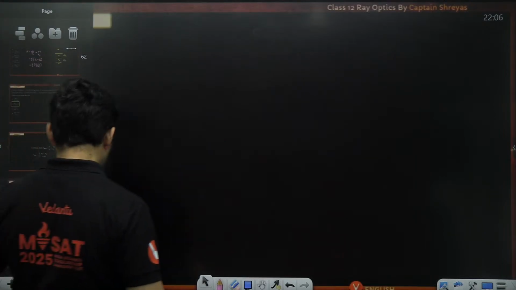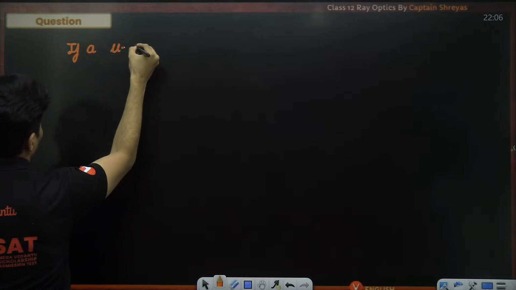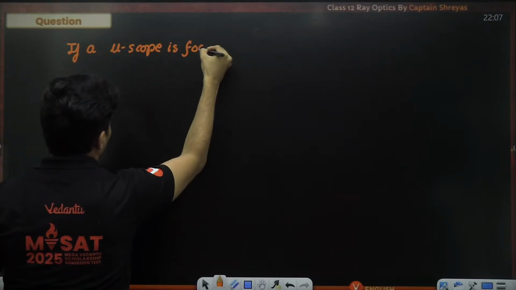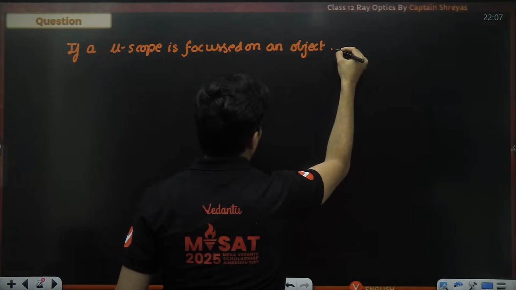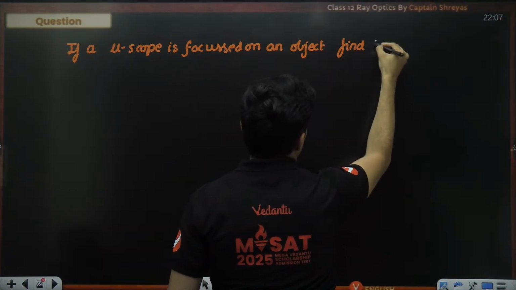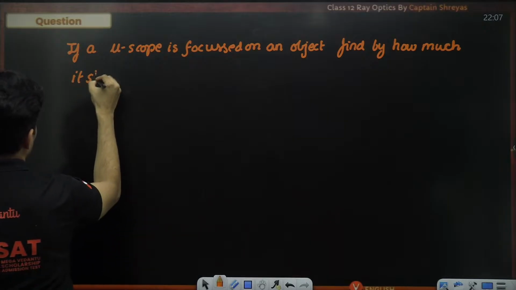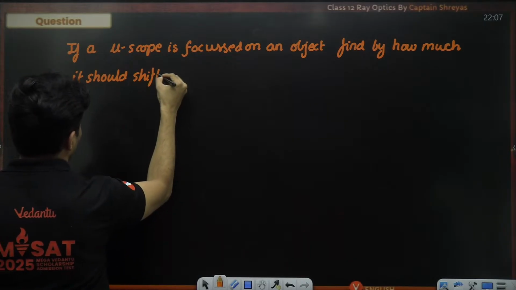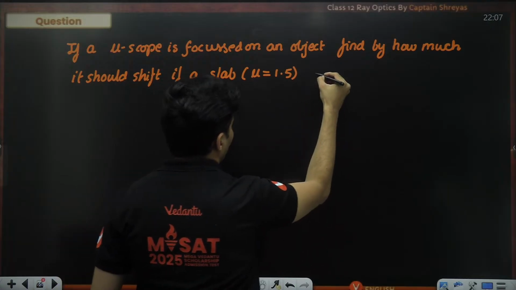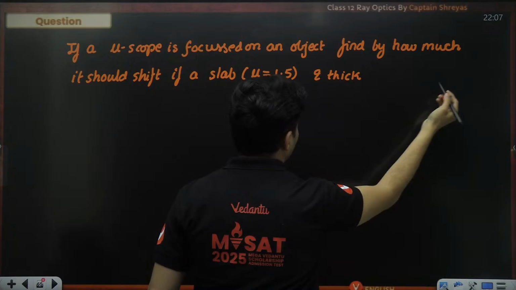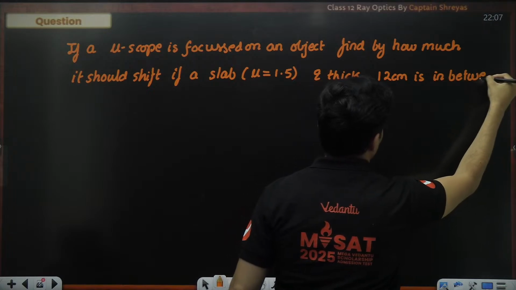If a microscope is focused on an object, find by how much it should shift if a slab whose refractive index is 1.5 and thickness of 12 centimeters is placed in between.